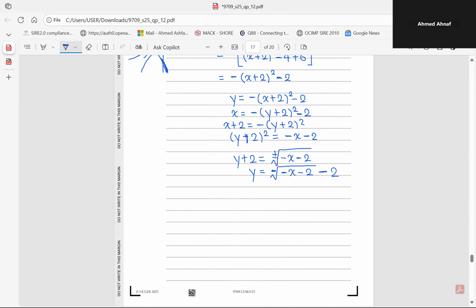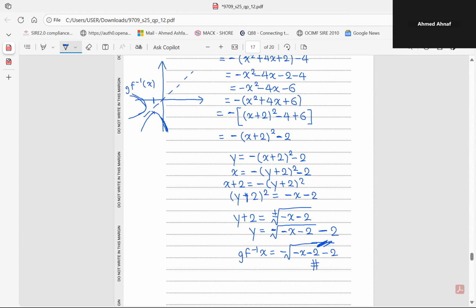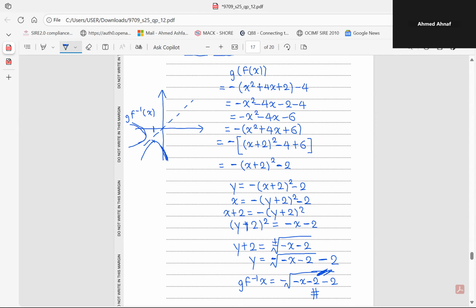And now just replace the y with gf inverse of x equals minus square root of negative x minus 2, minus 2. Oh, sorry. So this is our final answer for this question.